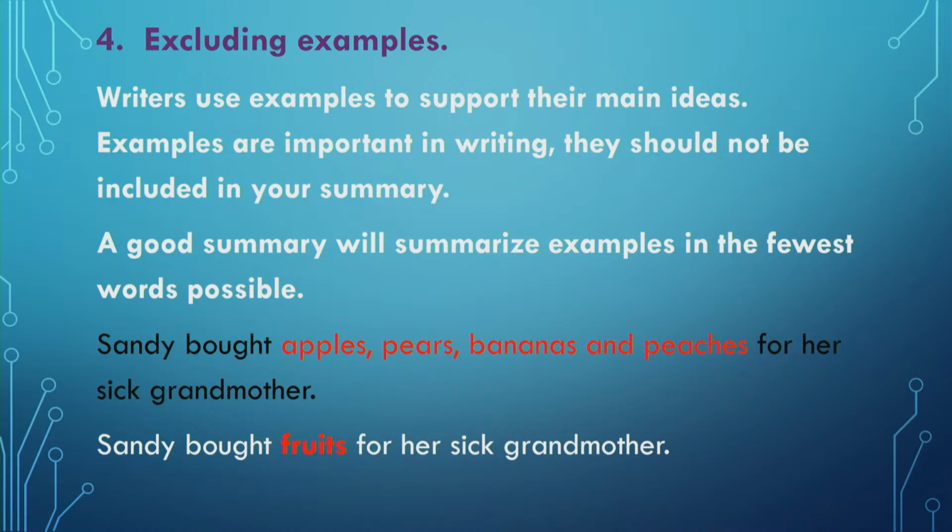So we say that Sandy bought fruits for her sick grandmother. You can even say Sandy bought fruits for her ailing grandmother or ailing granny. Remember, it's your own words. So long as you keep to the main idea, you don't change the meaning of the sentence.